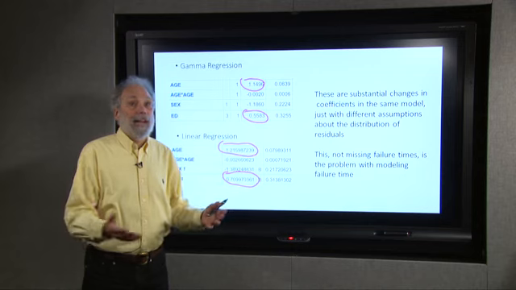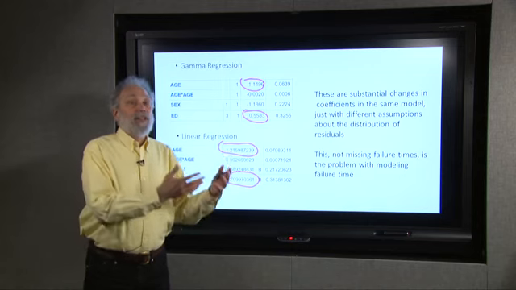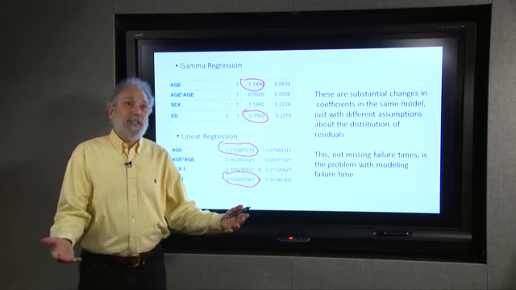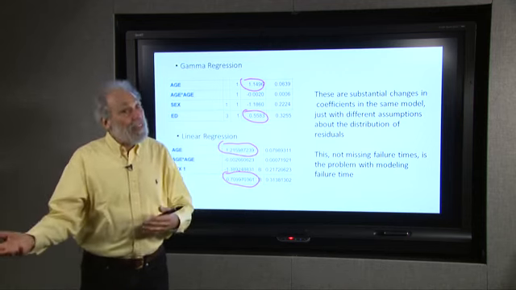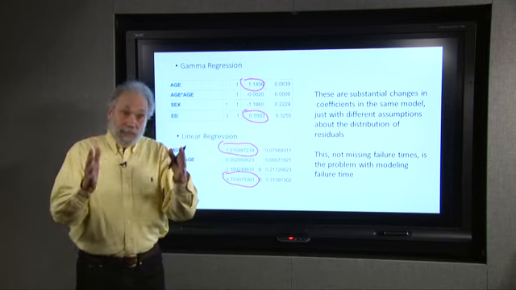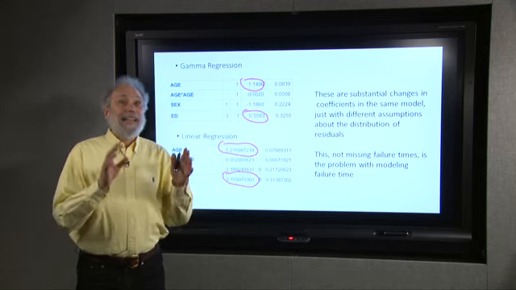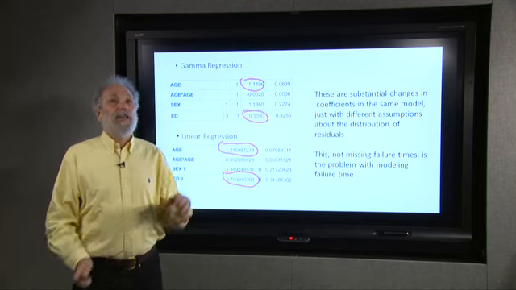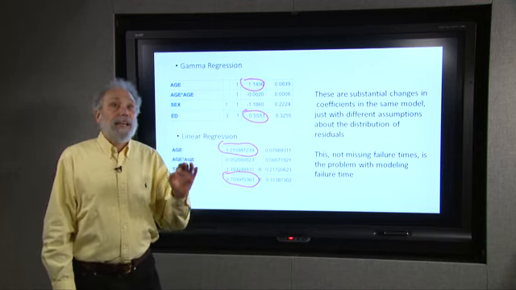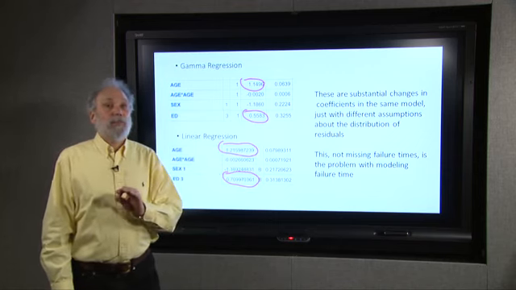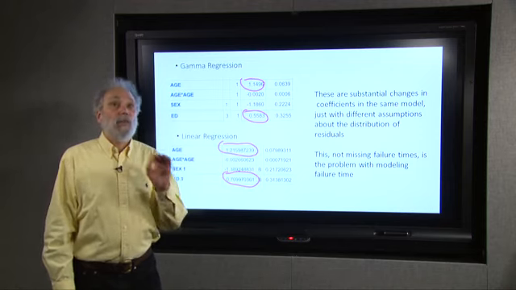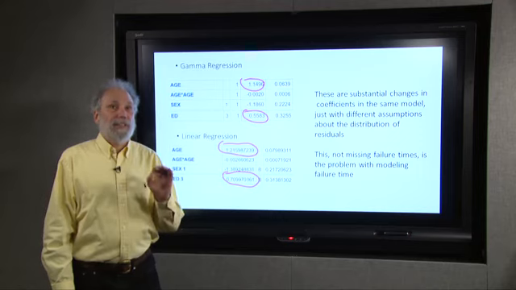I mean, if I have a biased estimate of the regression coefficient because of misspecifying the distribution of the residuals, my p-values can be wrong. My confidence intervals cannot be correct. And this, I'm going to argue, is the real reason that people in epidemiology tend to use Cox's proportionate hazard model and not that all of the failure times are not observed.